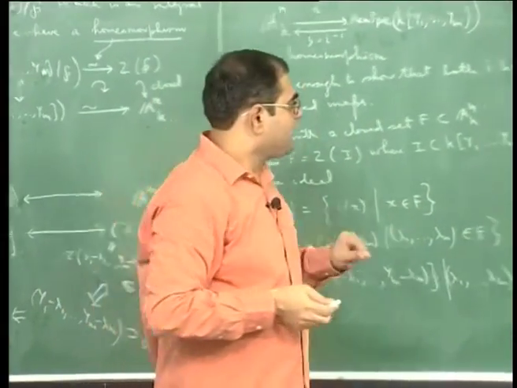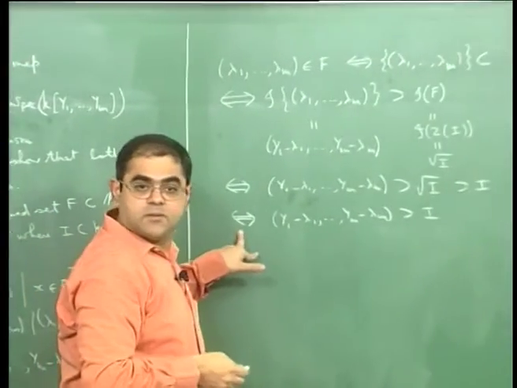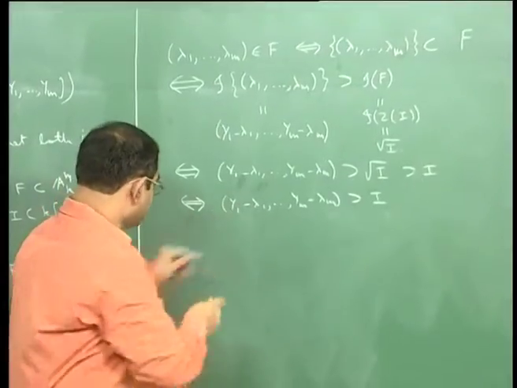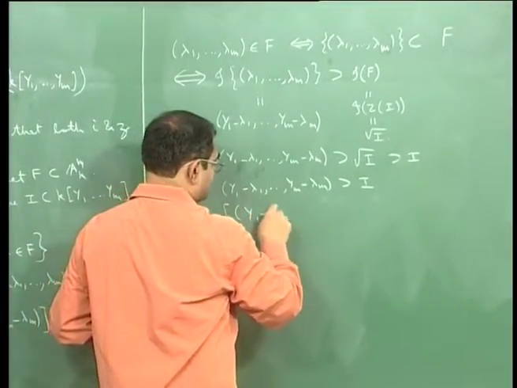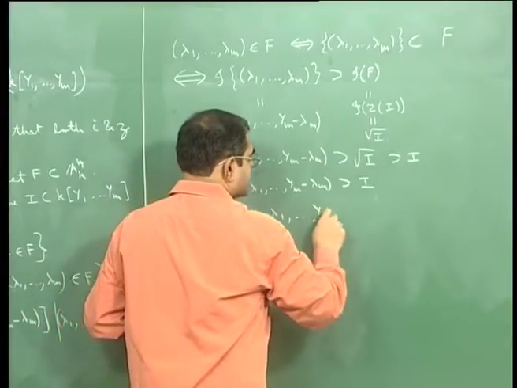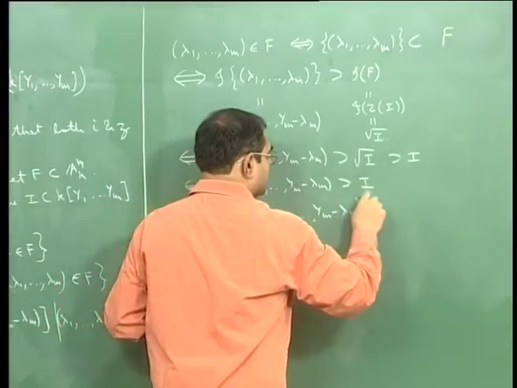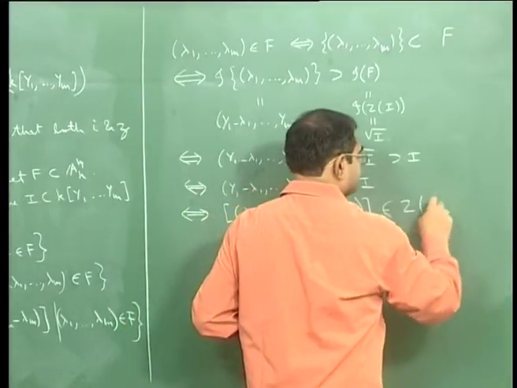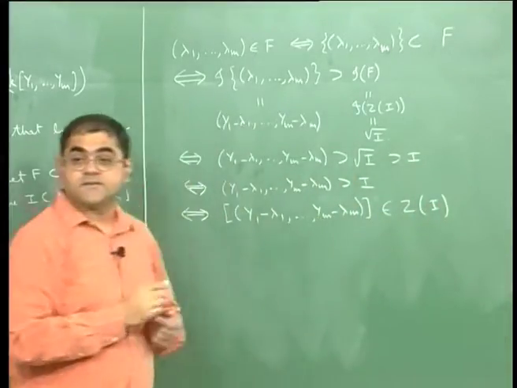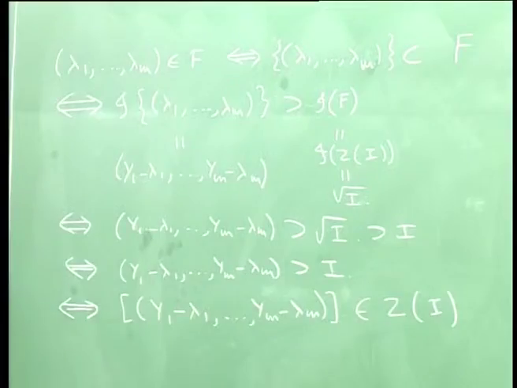Okay, so what does this tell you? This is if and only if the point corresponding to y1 minus lambda 1, etc., ym minus lambda m, the point corresponding to the spectrum, is in Z of I, because this is how Z of I is defined in the spectrum of the ring.